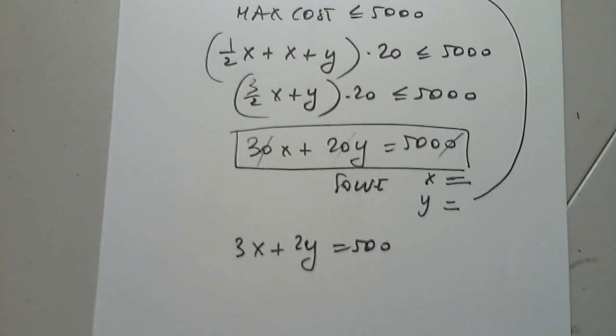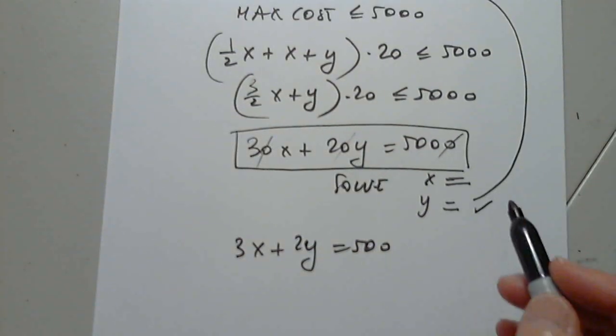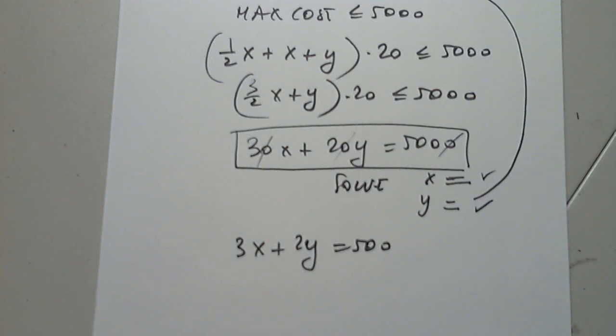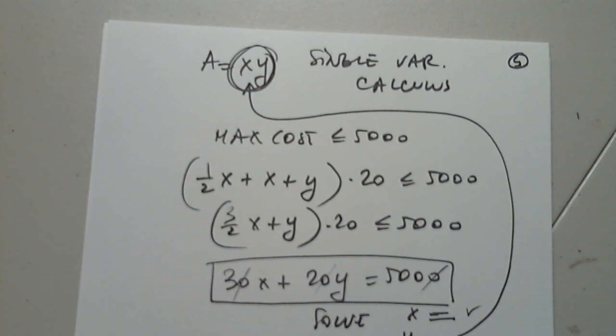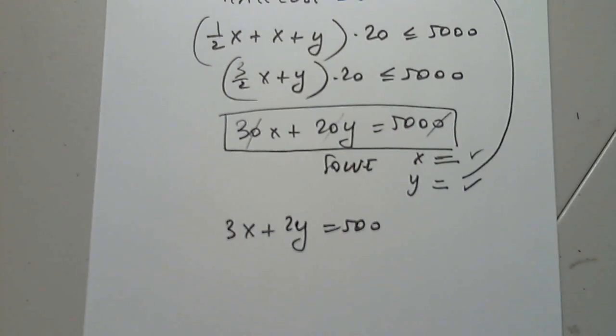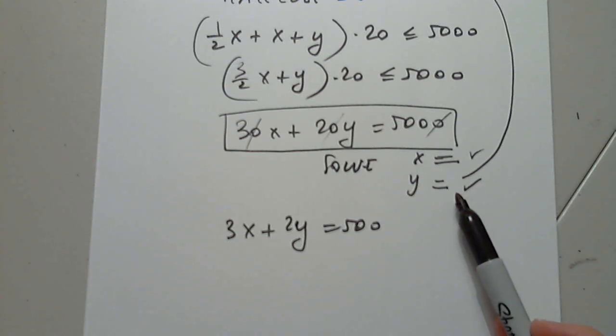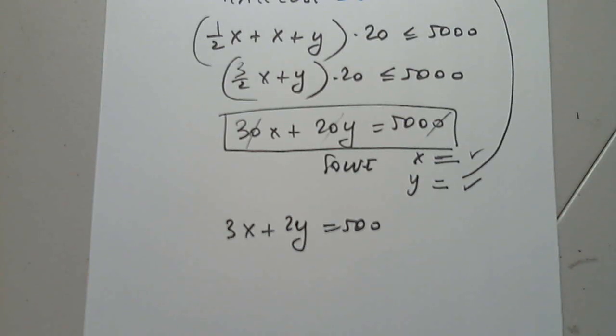So which one would you like to solve for? Would you like to solve for y, or would you like to solve for x? Once we have either x or y, we plug it in, and we have the function that we need to work with. If you decide to solve for y, it's easier. Not easier, but we're just going to keep a function of x.